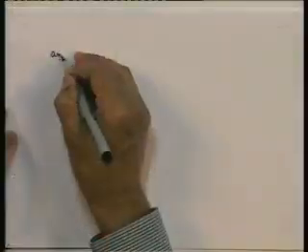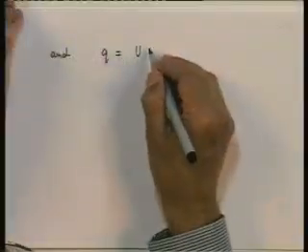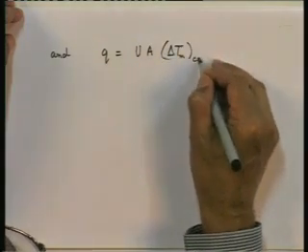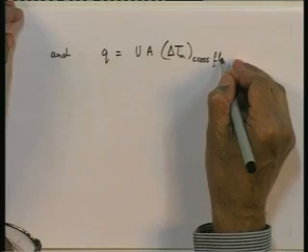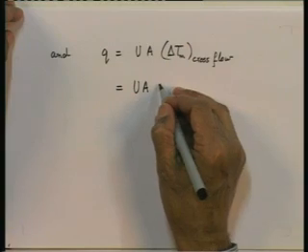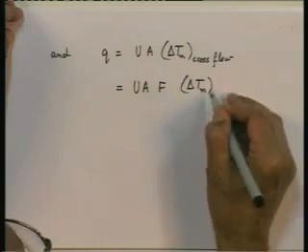And with this definition of F, if we are to calculate the q for a cross flow arrangement, we will get q for a cross flow arrangement equal to U A delta Tm cross flow, which with the definition of F is equal to U A F delta Tm counter flow.